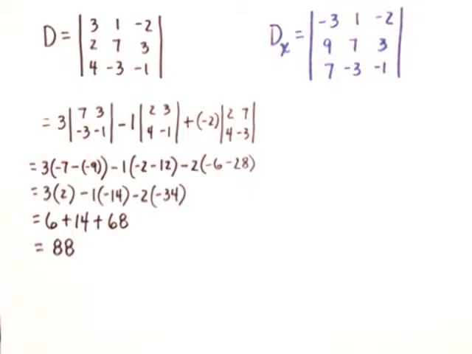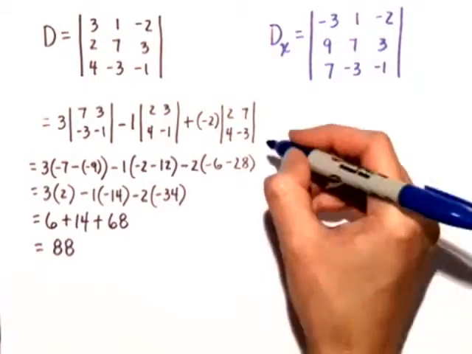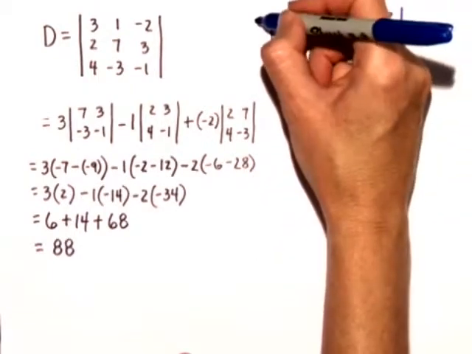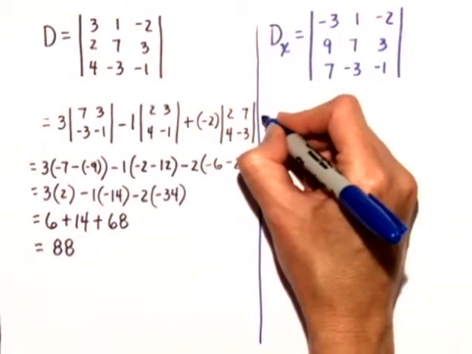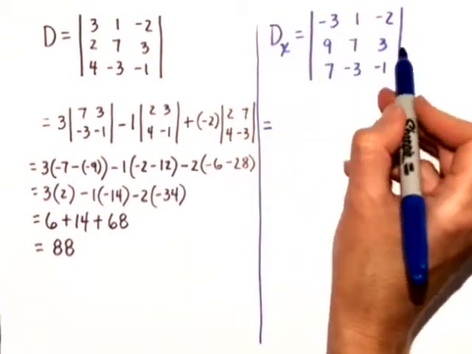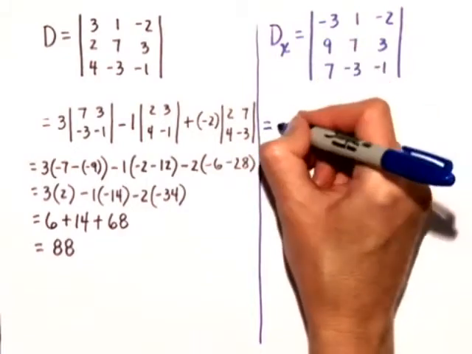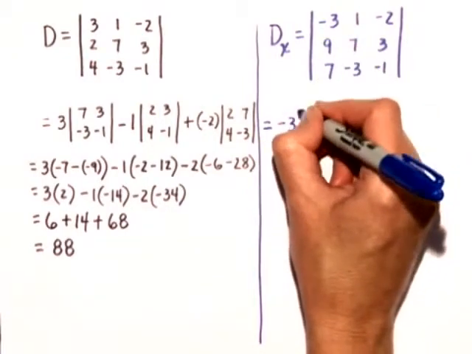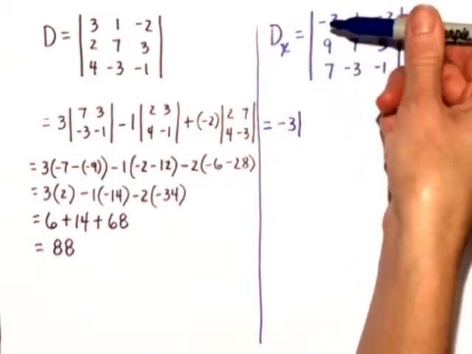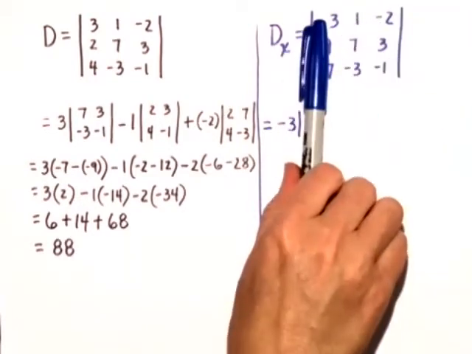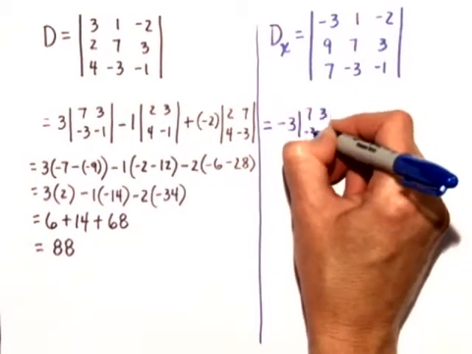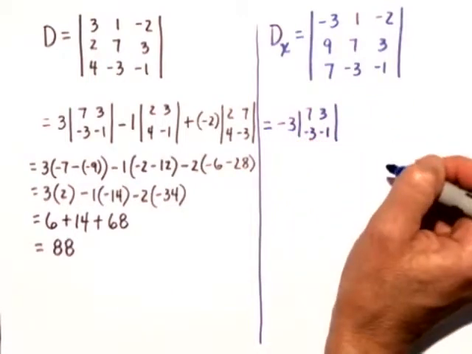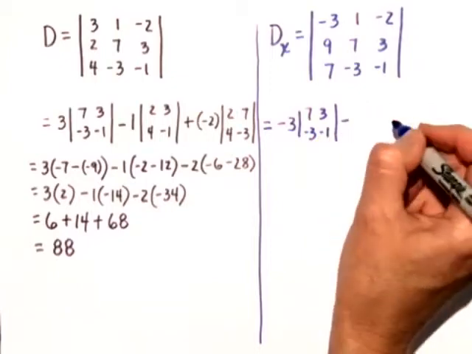Now we're ready to find d sub x. When we find d sub x, we're going to again expand across the minors. We'll have our first element, negative 3 times the smaller determinant we get when we cross out that row and that column, which will have 7, 3, negative 3, negative 1. Minus sign comes next.